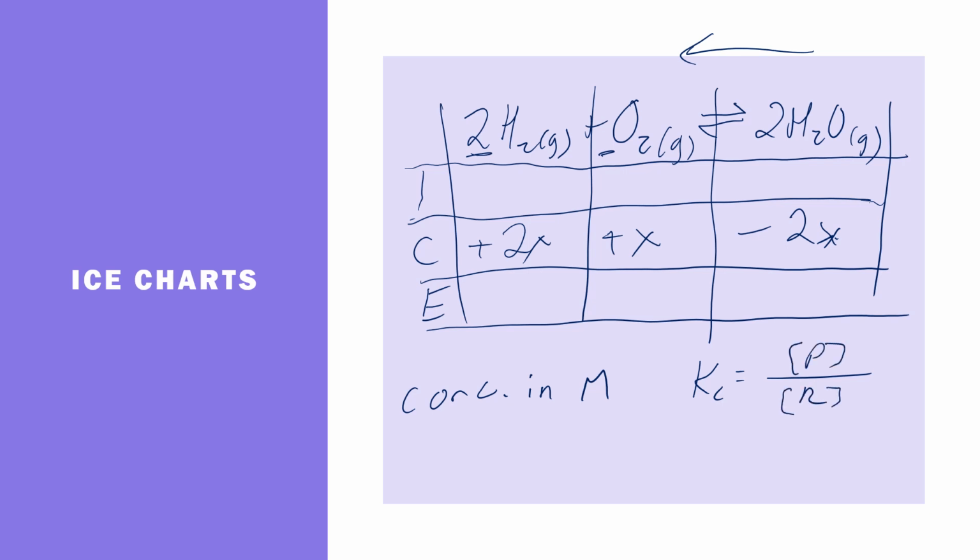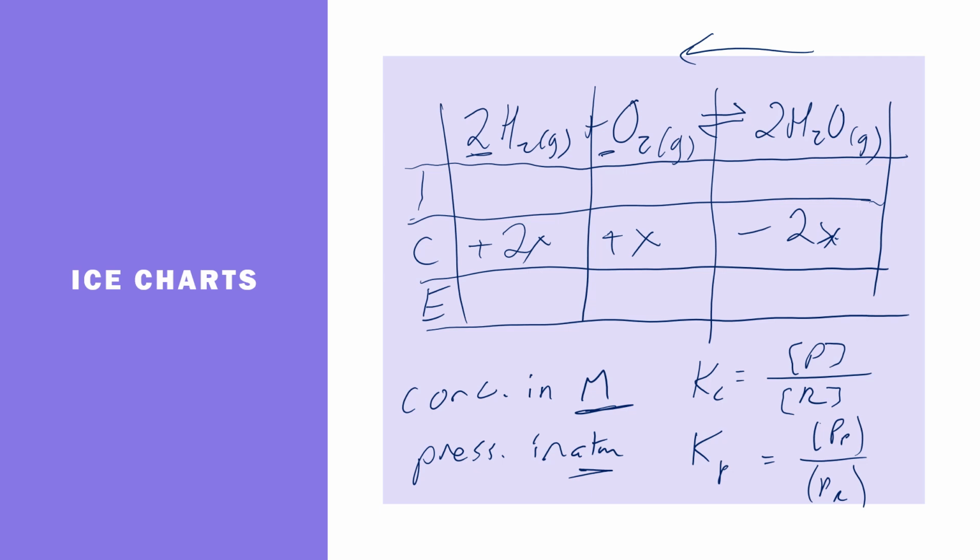Or you could do pressure in atm, because those are the values that you would use for Kp. So you do the pressure of the products over the pressure of the reactants. Coefficients become exponents. But you always want to use molarity or atm, depending on the scenario.